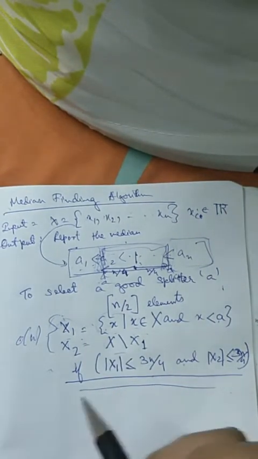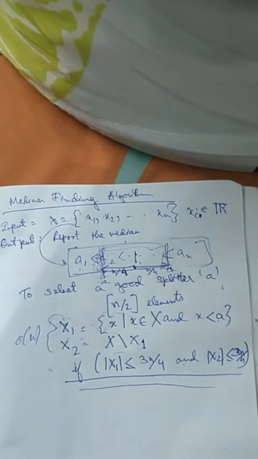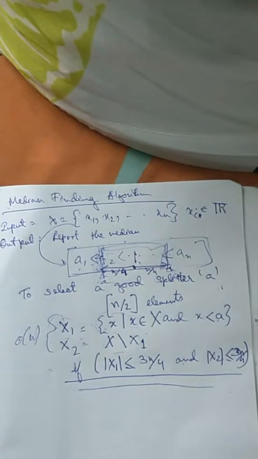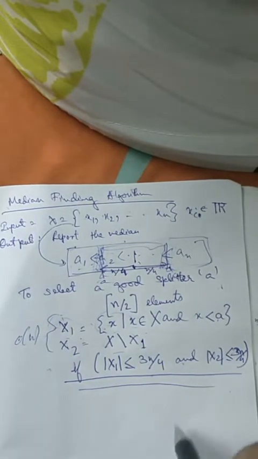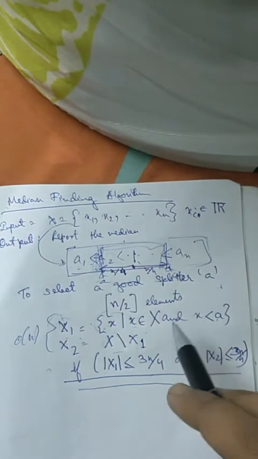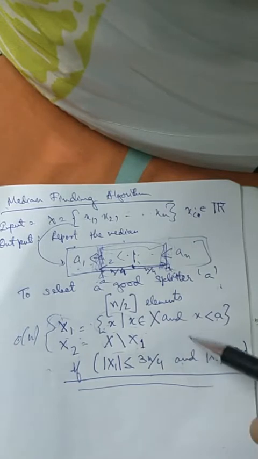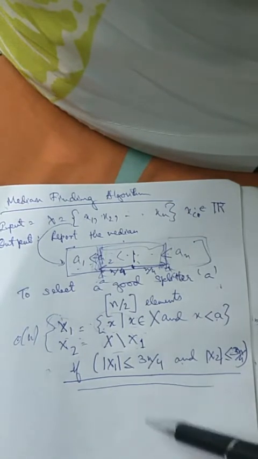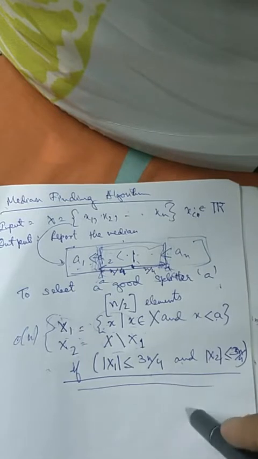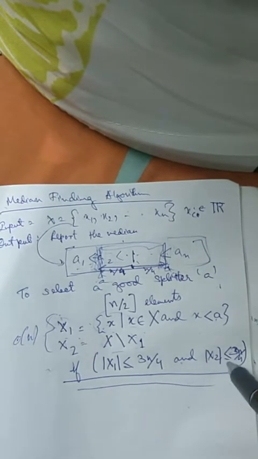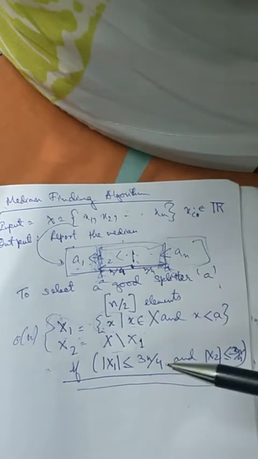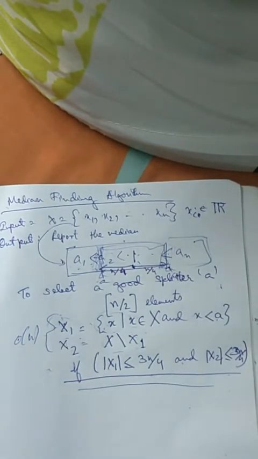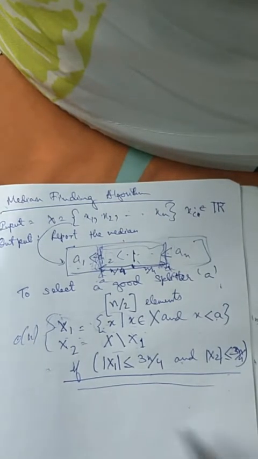Basically we run through them, and if an element belongs to x1 we give it label 1, and if it doesn't belong to x1 we give it label 2. It takes order of n time, and we keep a count of the number of label ones while doing this. If we see that it's less than 3n by 4, and both of them are less than 3n by 4, then we have got a good splitter.